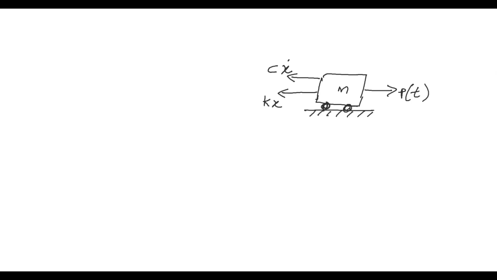So damping constant into velocity. X dot is velocity, and x double dot will be acceleration, that I'll tell you later. So these are the forces, and here we also have the displacement x.